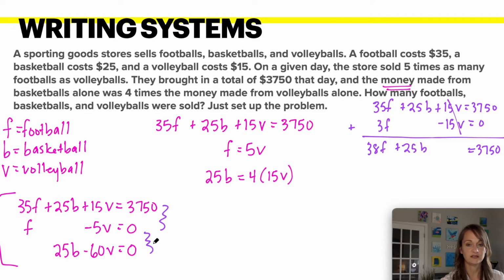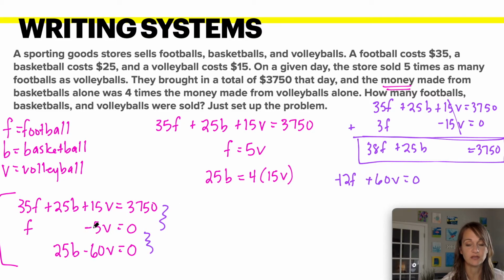Now what I'm going to do is take the 2 bottom equations and also eliminate the V. So there's my first equation that has F and B. My second equation, I need to multiply the top by negative 12, because negative 12 times 5 will give me a positive 60, which will cancel. So it will give me negative 12F plus 60V equals 0.